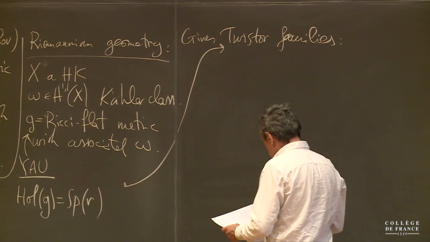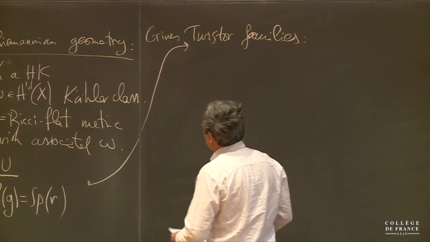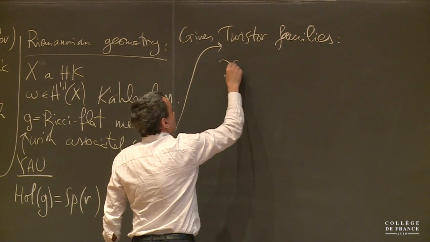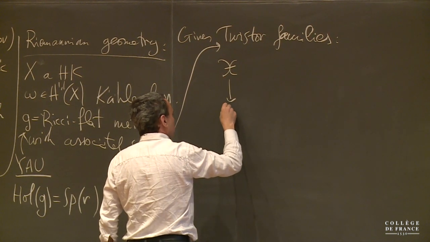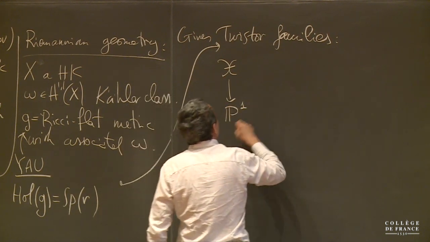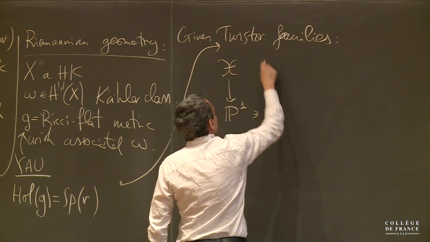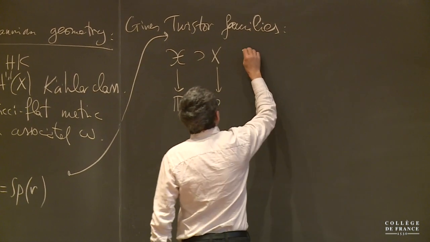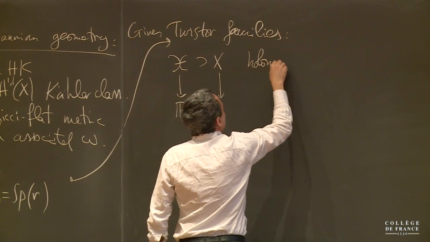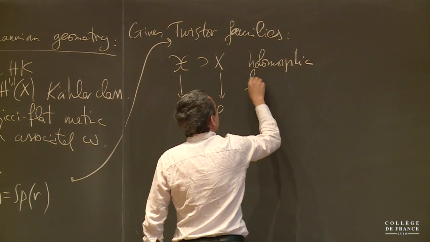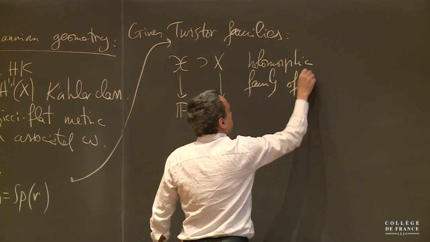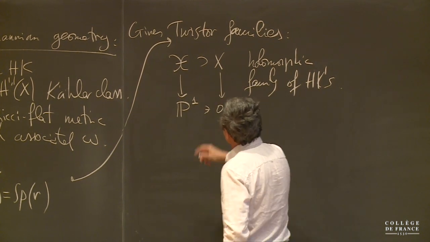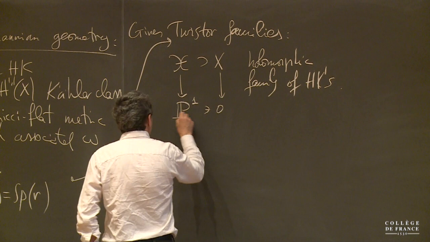What that means is that once we have chosen a Kähler class, we get a holomorphic family of deformations of X, a family of Hyper-Kählers parametrized by a P1.